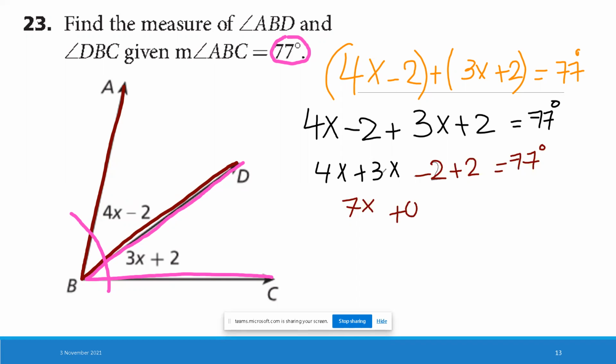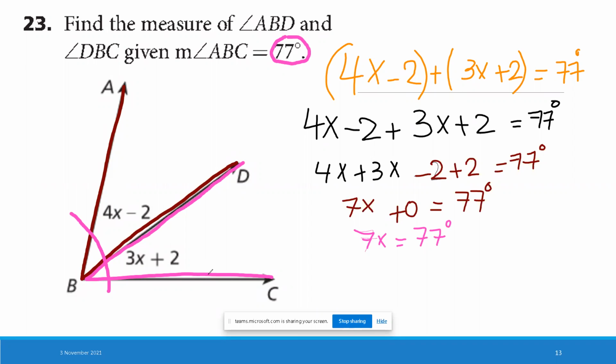Bravo. Equals 77 degrees. Now then, 7x plus 0, you can say that it is 7x, equals 77.